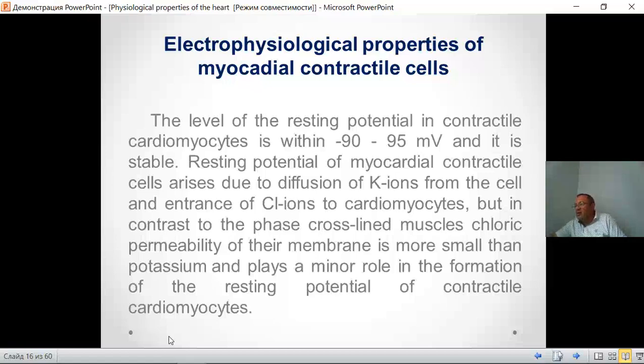But in contrast to skeletal muscle, sodium and chloride permeability of the membrane is much smaller than potassium permeability and plays a minor role in the formation of the resting potential of contractile cardiomyocytes.